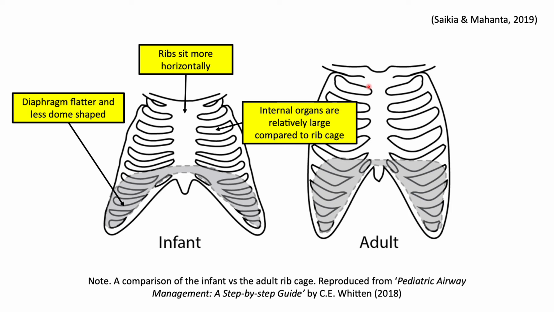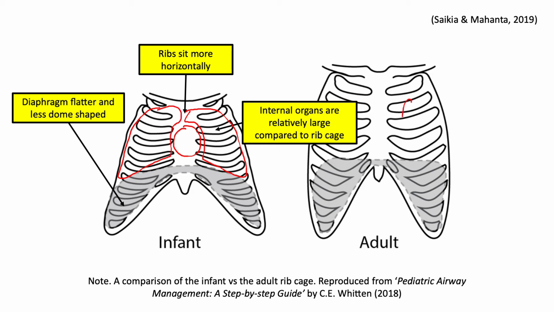The next important point to note is that pediatric patients have relatively large internal organs compared to the size of their thorax. So those organs are really squished in there quite tight. This is definitely not anatomically correct.